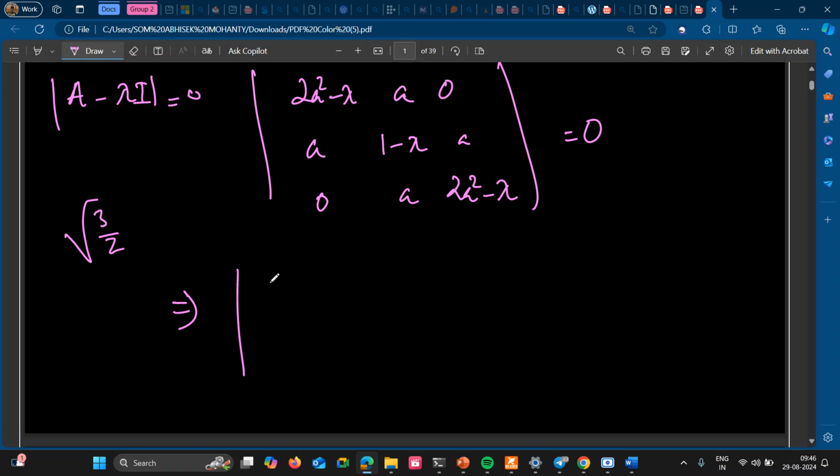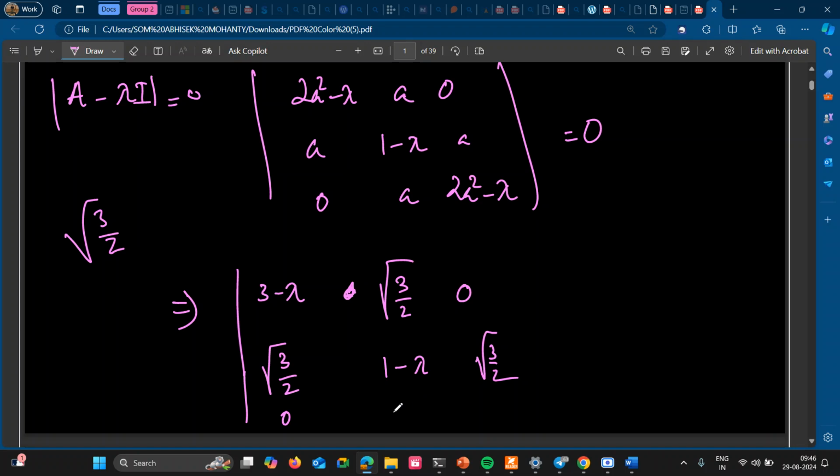So it will be 2 into 3 by 2, that is 3 minus lambda, and this will be root over 3 by 2, 0. This is root over 3 by 2, 1 minus lambda, root over 3 by 2; 0, root over 3 by 2, and this is again 3 minus lambda. Okay, is equal to 0.